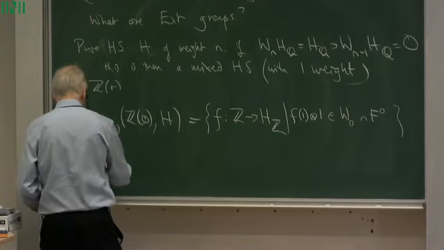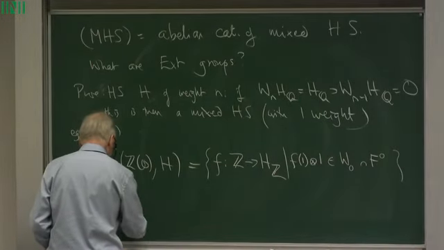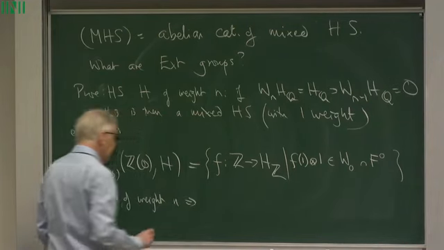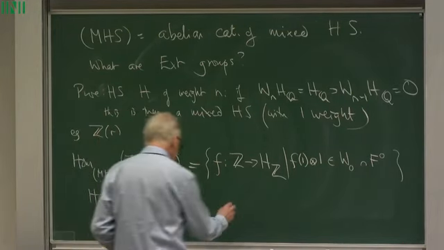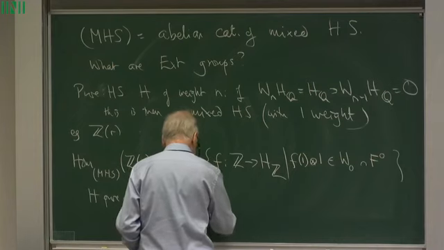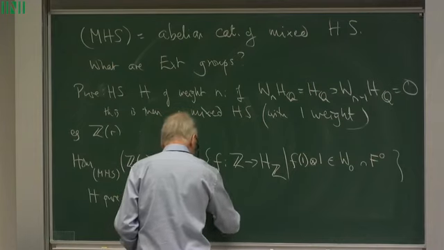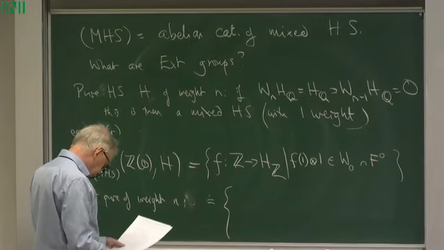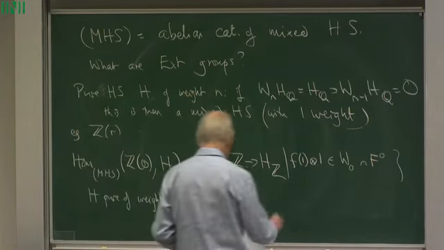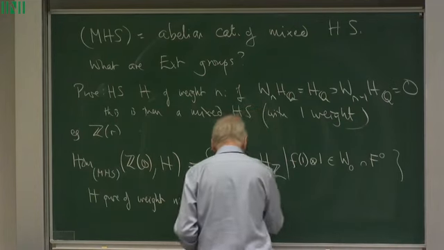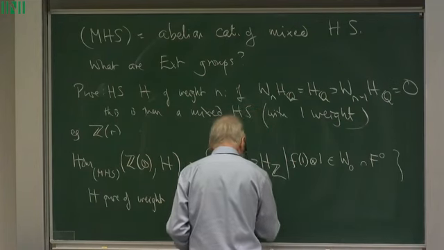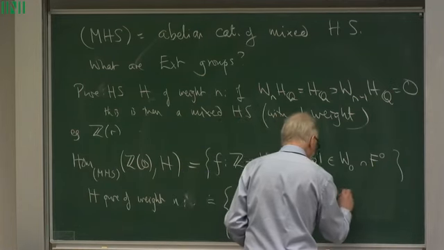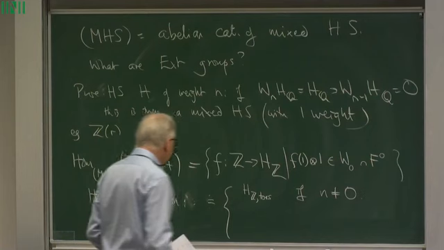So if H is pure of weight n, it's not hard to see that this is 0, or rather, it's the torsion subgroup if n is not 0.